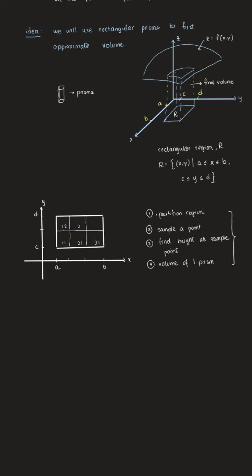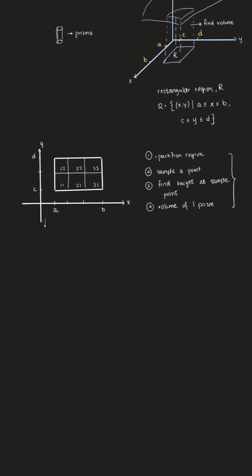This is going to be rectangle 2, 2, and rectangle 3, 2. Just a systematic way of keeping track of our rectangles. And in each one, so we have created a partition. In each rectangle that we have within our partition, I'm going to pick a sample point. So a point here, point here, point here, point here, point here, and point here.